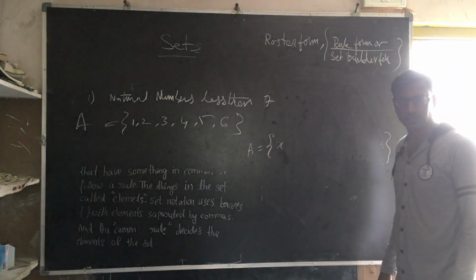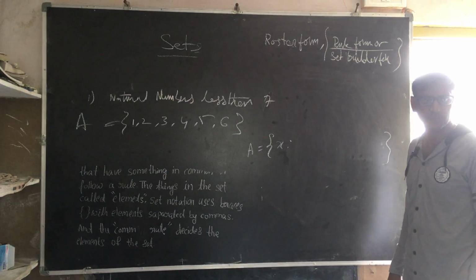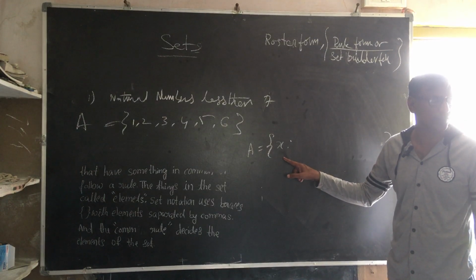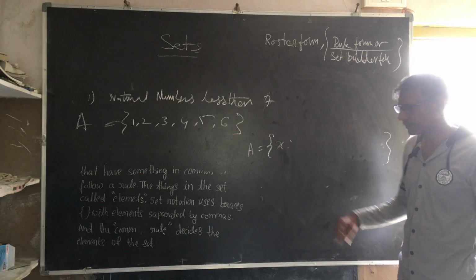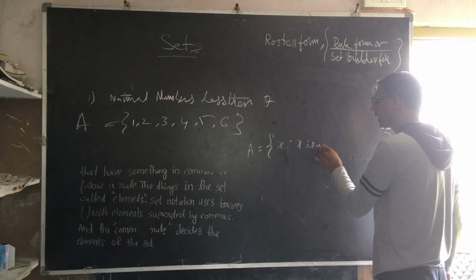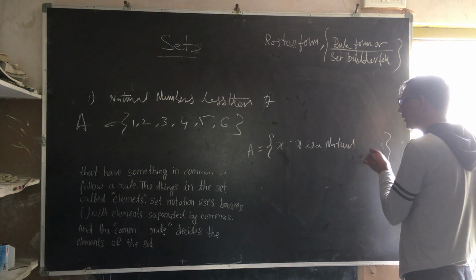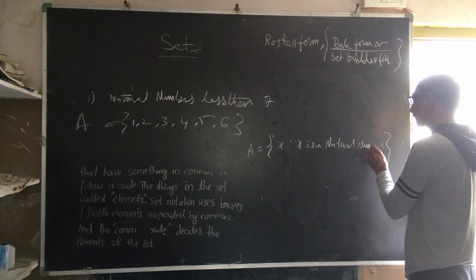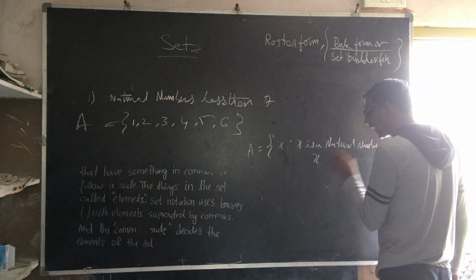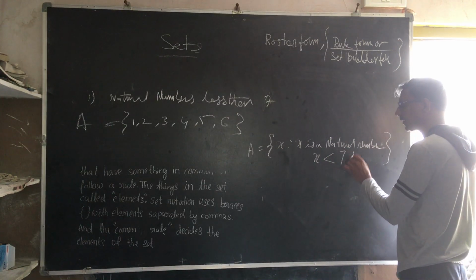X such that, set A contains some elements, those are all X. X is a natural number, and X less than 7.